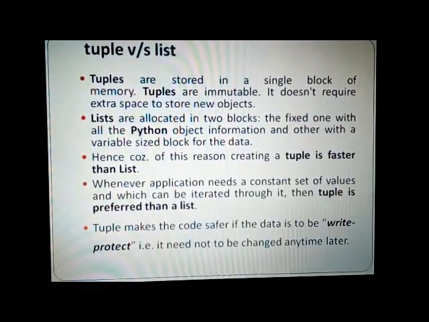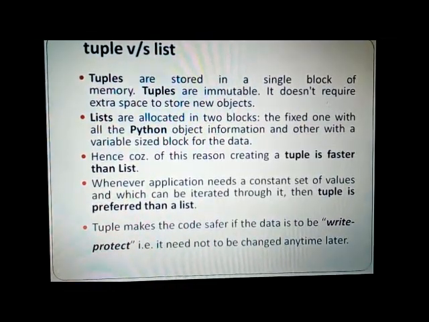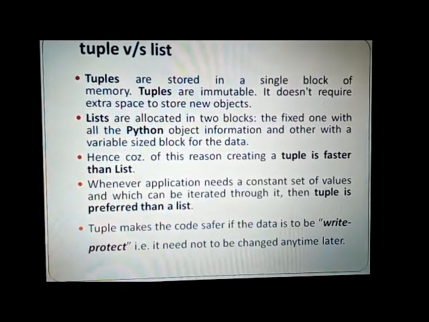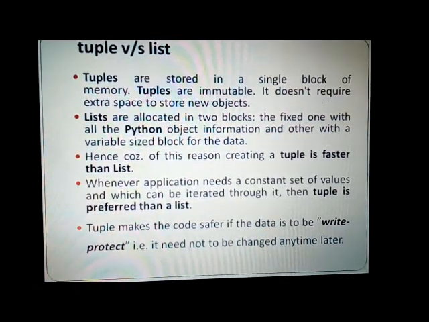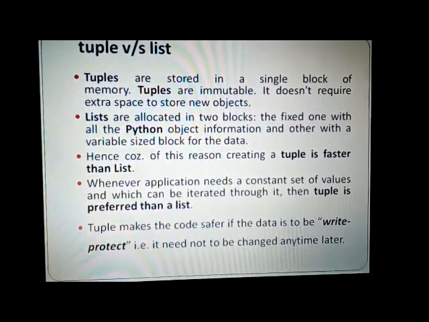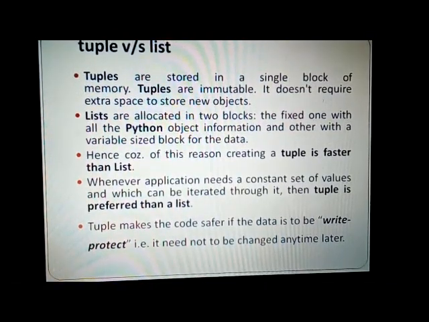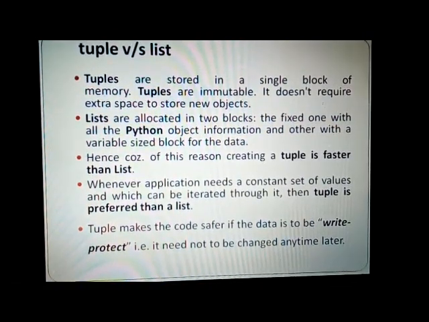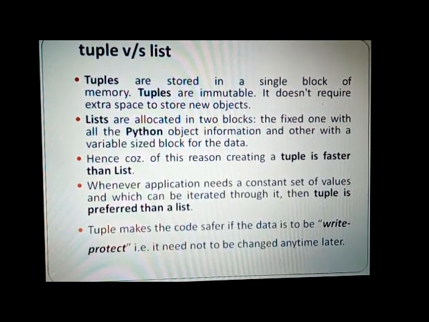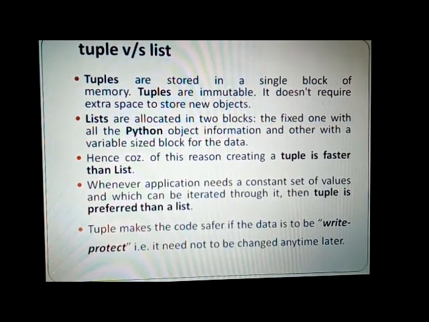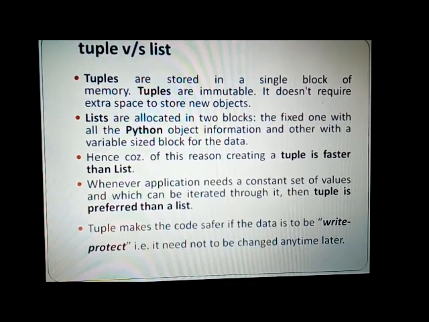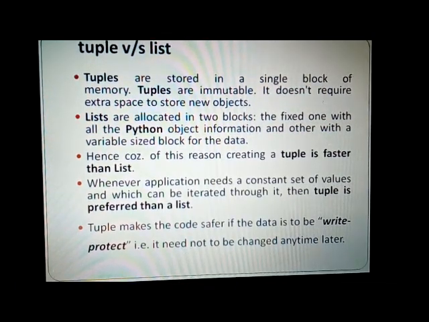Now we'll try to understand the difference between a tuple and a list. Basically, what are the important differences and how a tuple compares to a list. In this context, tuples are stored in a single block of memory, and tuples are immutable and do not require extra space to store new objects. Internally, lists are of course mutable because they require more than one block.